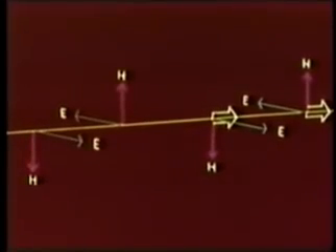This is known as Poynting's vector rule. In the next half cycle, the E and H vectors reverse. Applying Poynting's rule again, we see that the direction of propagation is unchanged. Although we have considered only peak vectors, any vector pair would give the same direction of propagation.